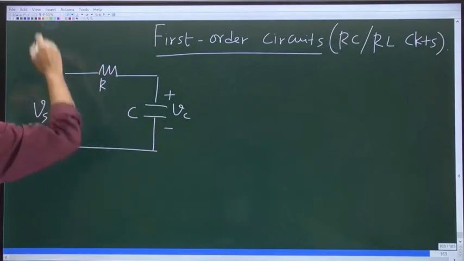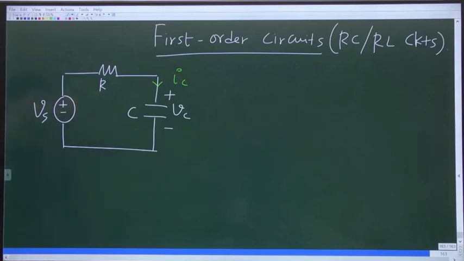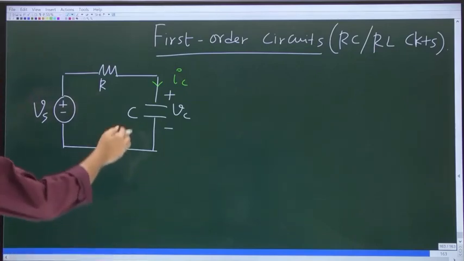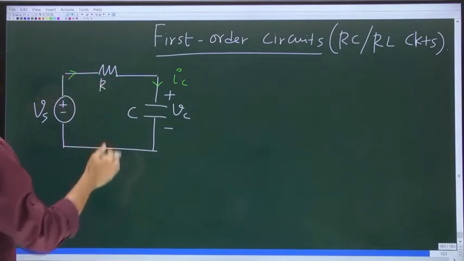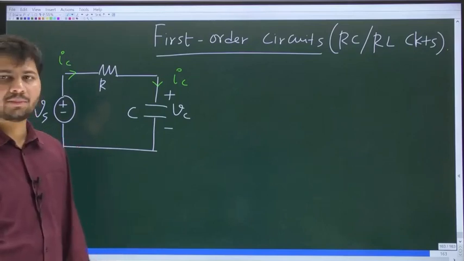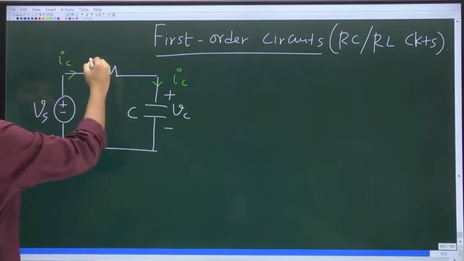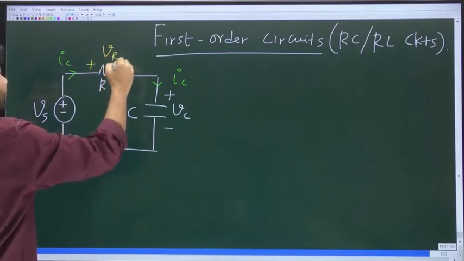Now let IC be the current through the capacitor. Because the resistor and the capacitor both are in series, even the current through the resistor is going to be the same IC. And then let the voltage across the resistor be some VR.